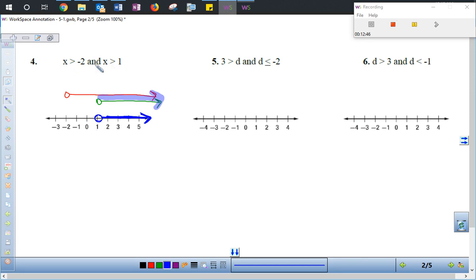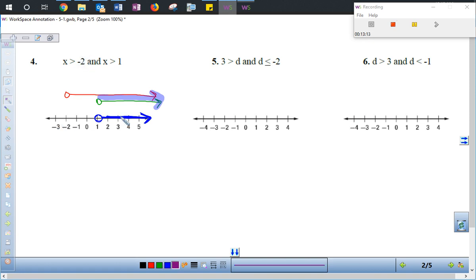Now, let's find out why that is. I want to choose a number that's greater than -2 and at the same time greater than 1. So if I were to choose the number 3, that is greater than -2, and it's also greater than 1, because any number that's greater than 1 is already greater than -2.